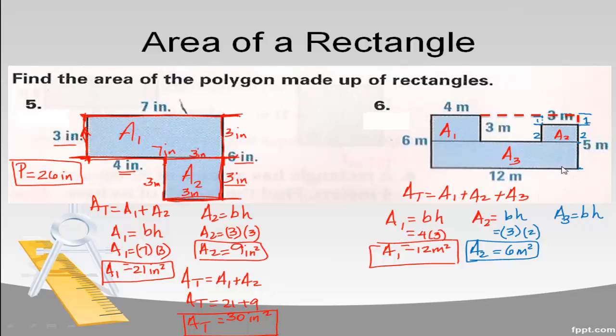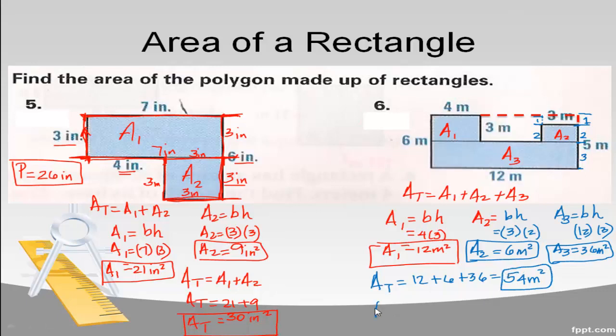But I can figure it out, because if this piece from here to here is 2 and the whole thing is 5, then this has to be 3. Okay, so this would be 12 times 3. So area 3 is 36 squared meters. And there I have found my 3 areas. My total area would be 12 plus 6 plus 36, which is 54 squared meters. And there you have the total area.